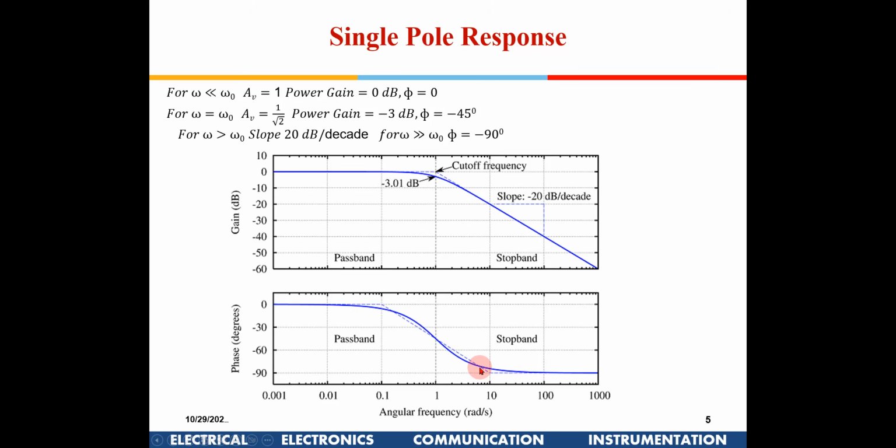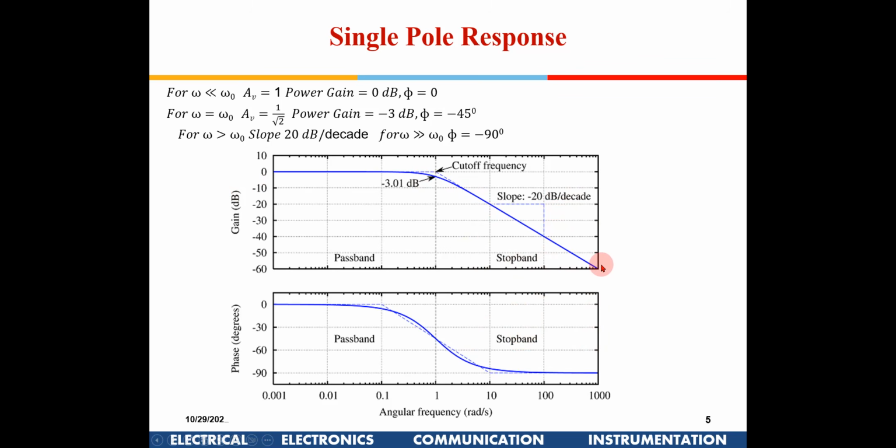It won't continuously go negative, unlike the gain. It goes and gets stabilized at minus 90 out here. So these two plots are very critical for you to understand the stability issue. Is this understood by all of you?